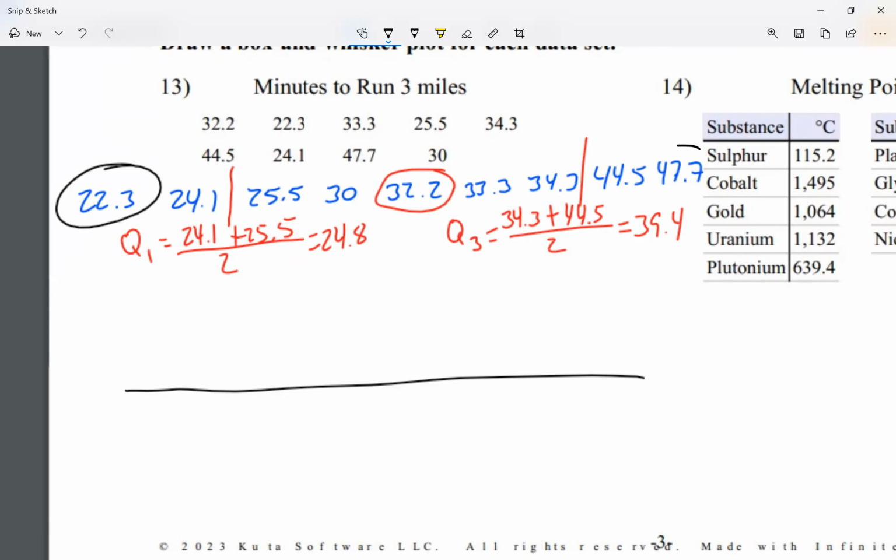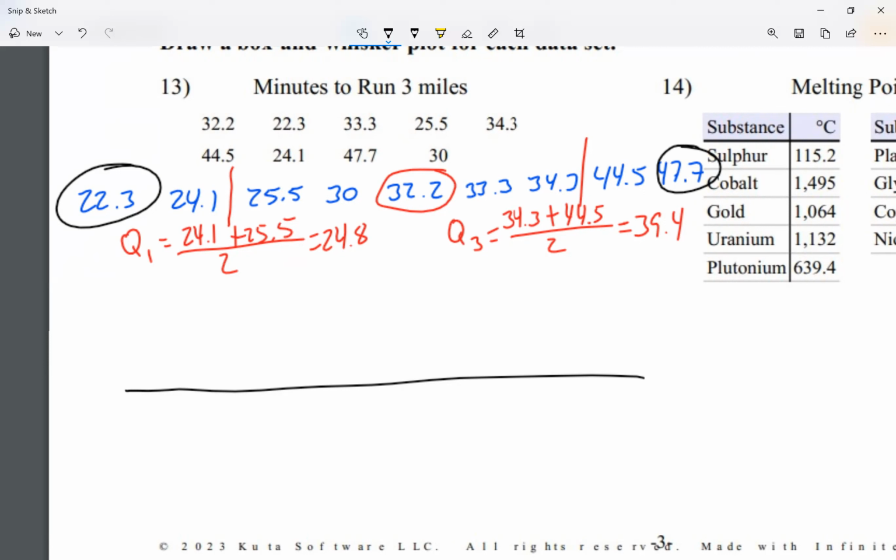So my number line, you're going to have to identify 5 numbers. Let me circle my smallest number and my largest number. It has to include the smallest number, the largest number, the median, and the lower and upper quartile.